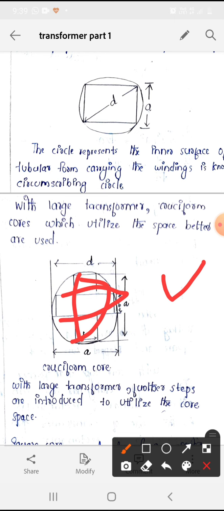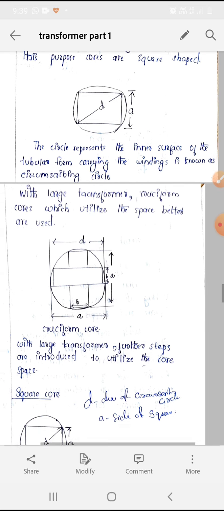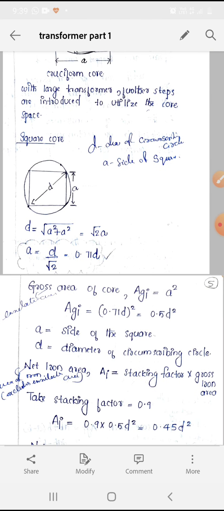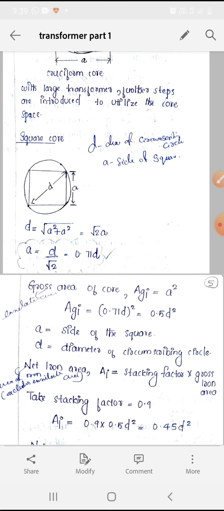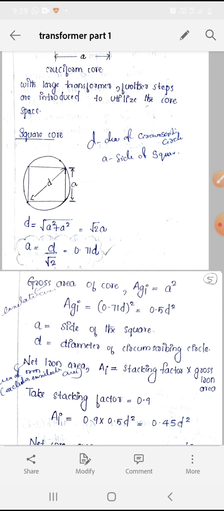This is the cruciform core. And with large transformers we can go with the cruciform cores. Sometimes for the exams, design of core can be asked in the essay section. So if possible you need to study these also.